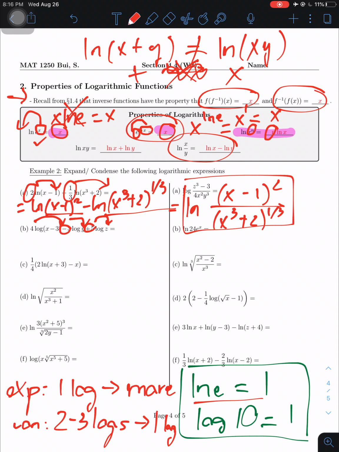Okay, so my trick in here is that if you have a minus in front of it, it means that the belonging of the log will go underneath of the fraction, and if you have an addition in front of your log, that means that the belonging of the log will go on the top. What do I mean by that? Shortcut, I have log in here, and then fraction because I have 1 subtraction in there. The 4 in here, it is actually positive 4, right? And because it's positive, it's going to be on the top part. So we're going to get x minus 3 to the 4th power.